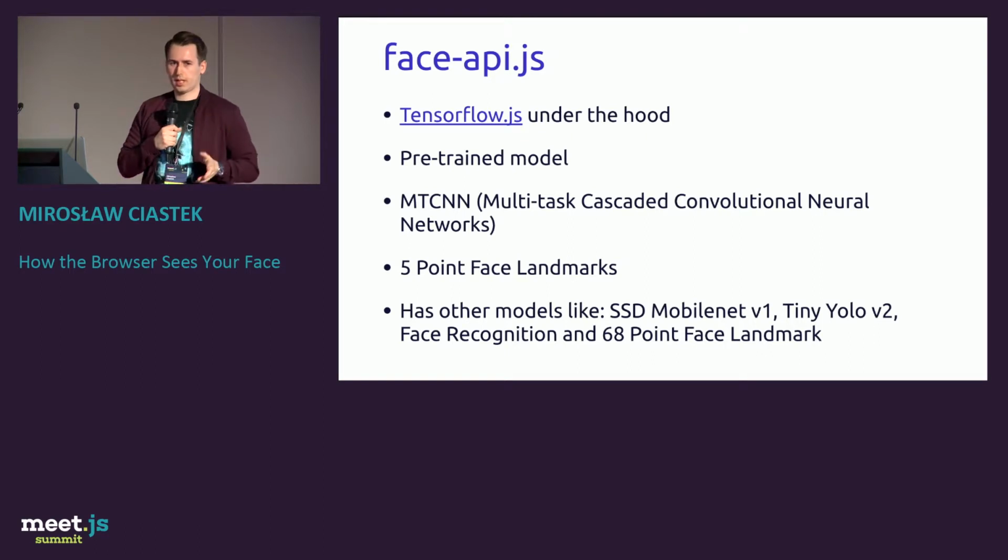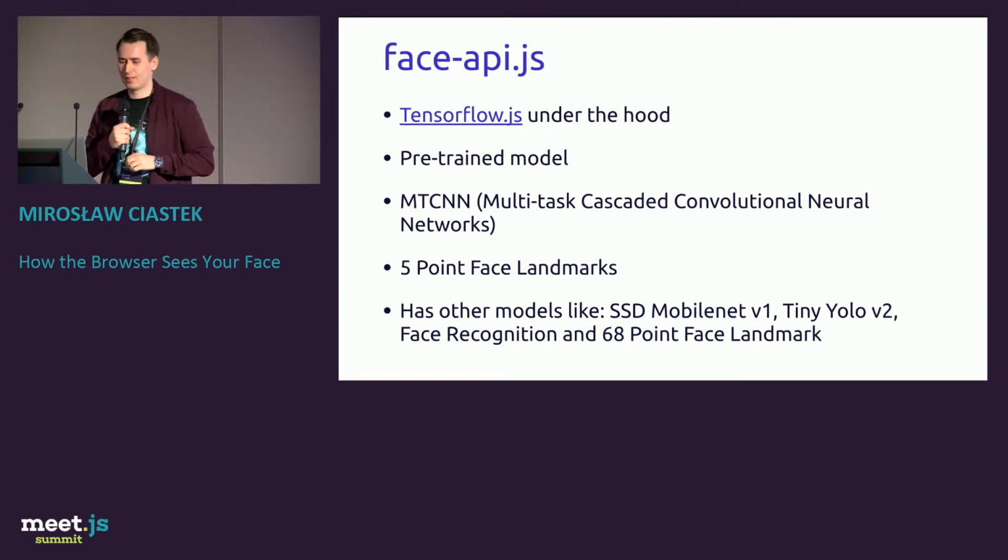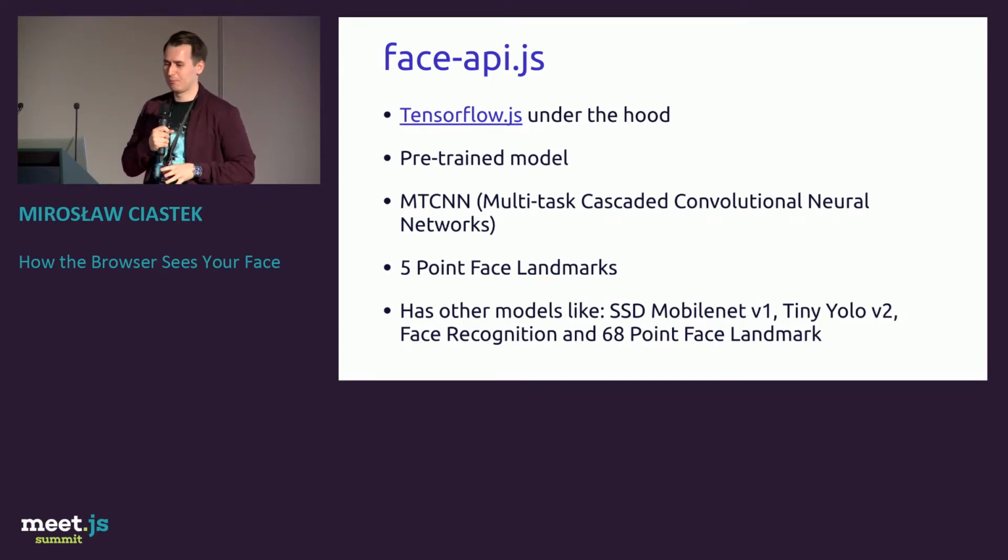So to detect the face, we use a pre-trained model. In my example, it was MTCNN, the multitask cascaded convolutional neural network. Very long name, but the concept is very simple. This model helps you find the 5 points of the face, so you can find the position of the eyes, of the mouth, and of the nose.